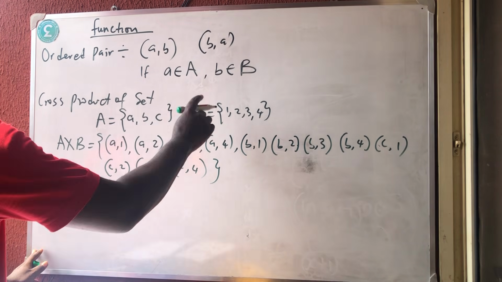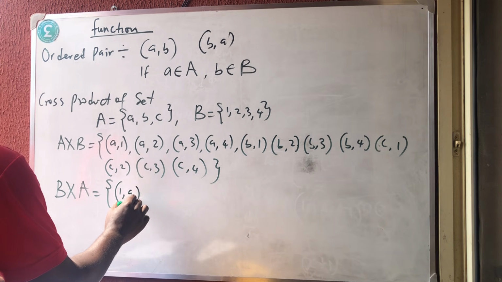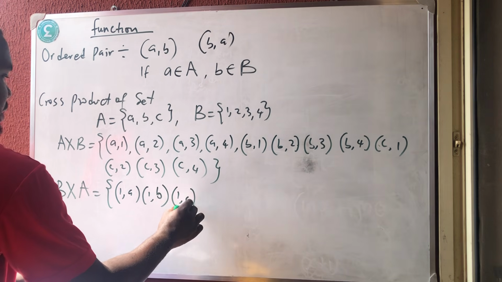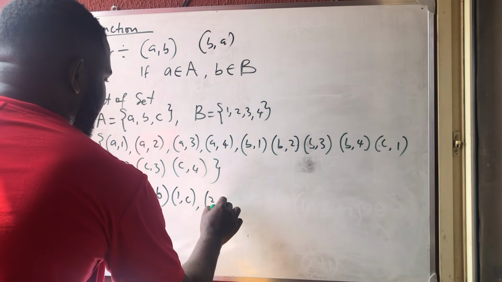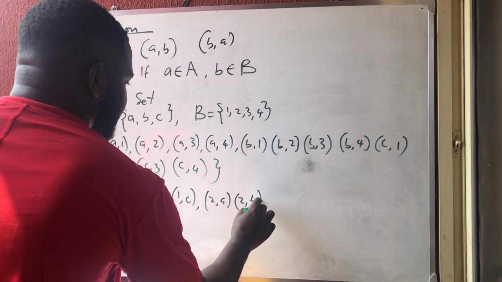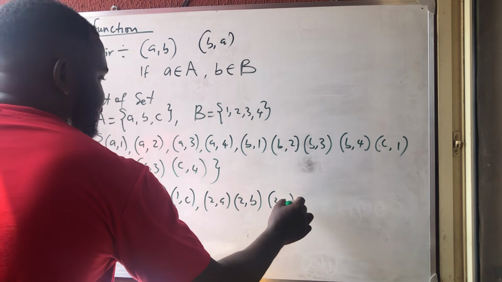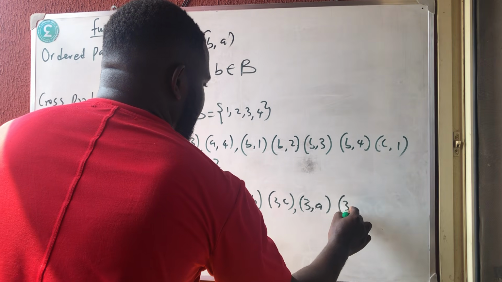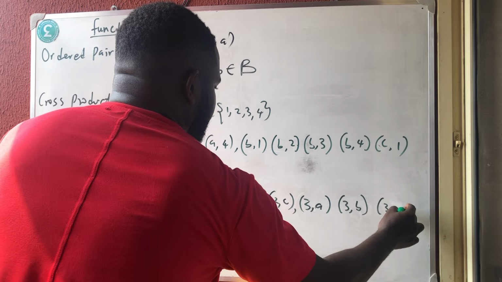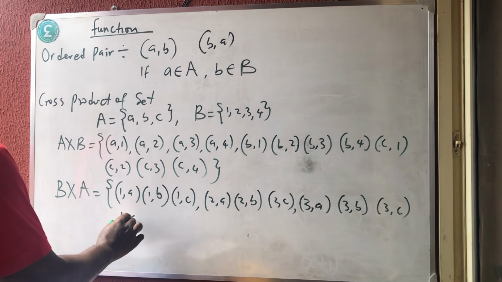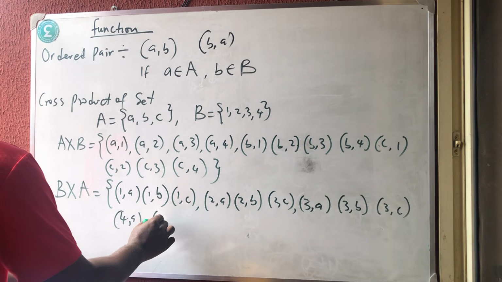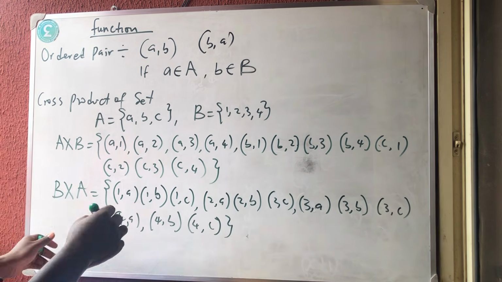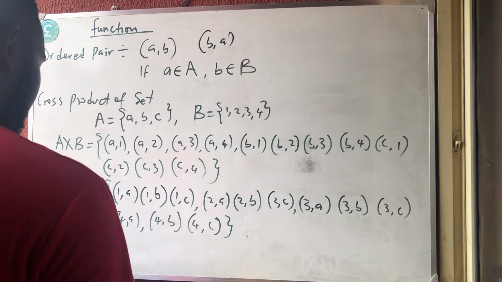So we are taking the first element 1 with A, 1 with B, 1 with C. I'm done here with 1. 2 with A, 2 with B, 2 with C, 3 with A, 3 with B, 3 with C, 4 with A, 4 with B, and 4 with C. So that is how to do cross products.